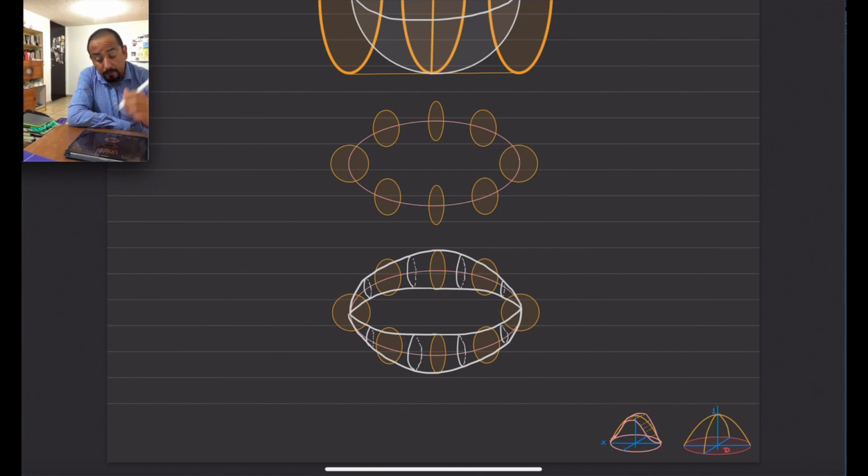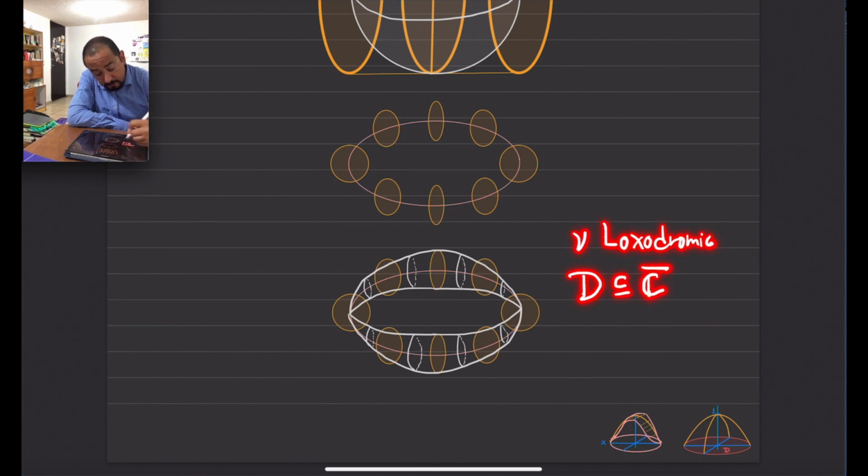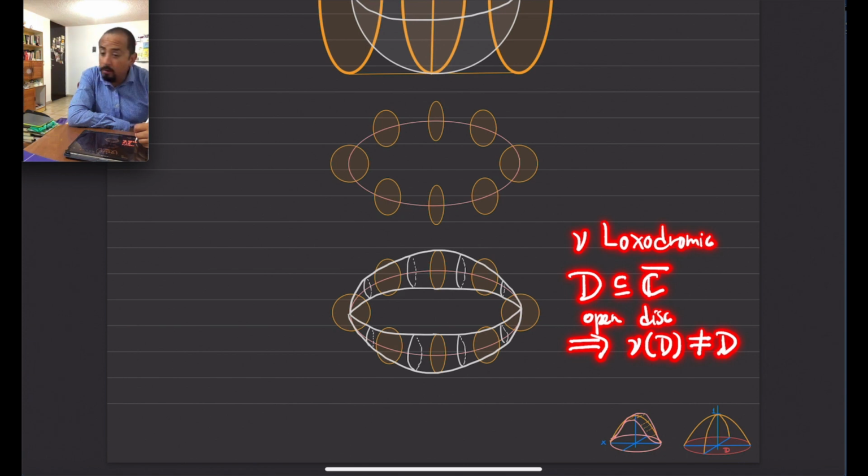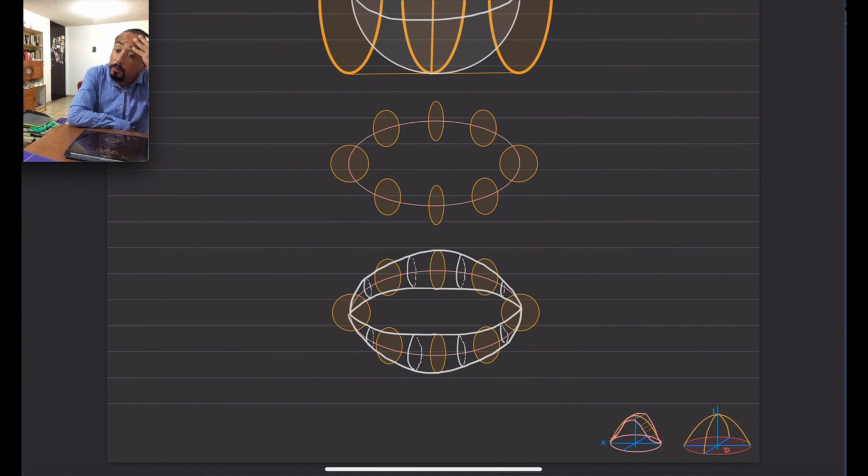In other words, if nu is loxodromic and you have a disk D, any disk, then nu of D is not equal to D.